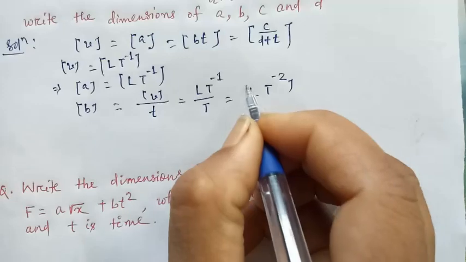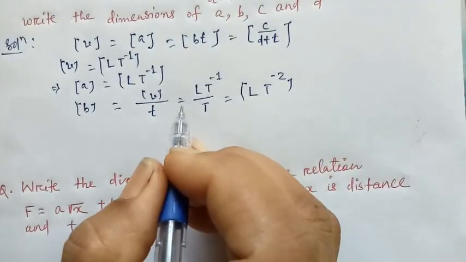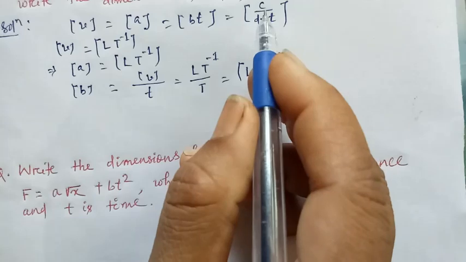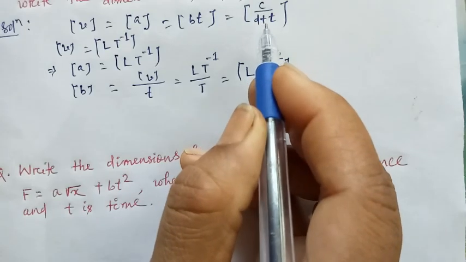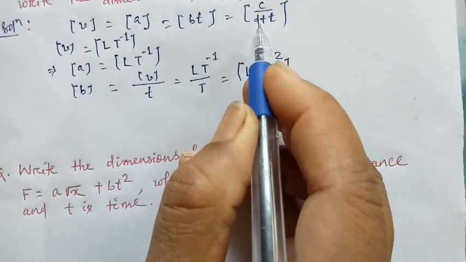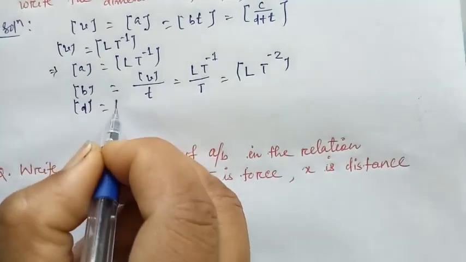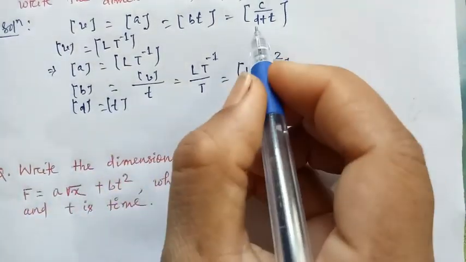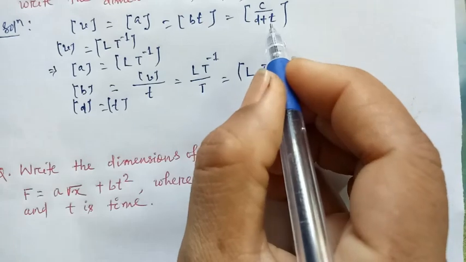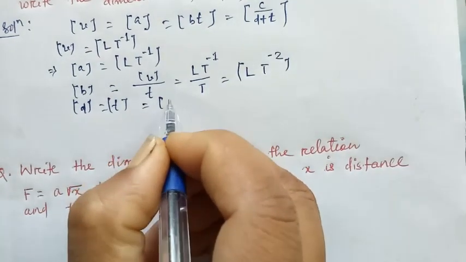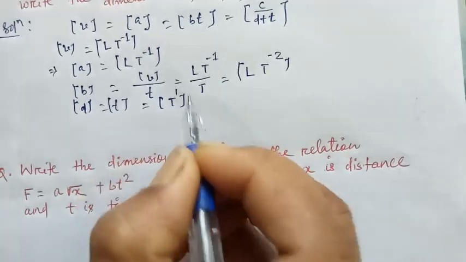That is the dimension of B. Next, the dimension of C. Before finding it, similar quantities can be added, so the dimension of d is equal to the dimension of t, since d plus t is added. So the dimension of D is the same as time, that is T^1.